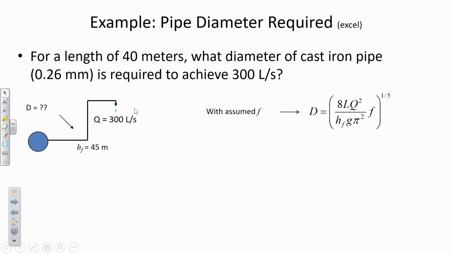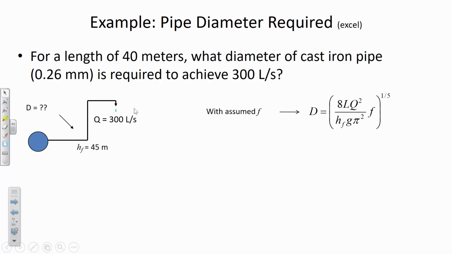Okay, so our diameter is going to be 8 times the pipe length of 40 meters times the flow rate of 0.30 cubic meters per second, and we have to square the flow rate, divided by 45 meters, which is our head loss, times G, 9.81 meters per second squared, times pi squared, and then we multiply all of that by our guess of the F value, 0.015, and take it to the 1/5 power.